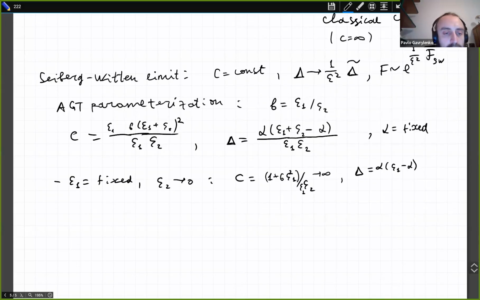So here it should be epsilon 1 epsilon 2 plus 6 and this. So it is 6 epsilon 1 over epsilon 2. This one should be correct. And this delta also goes to infinity.